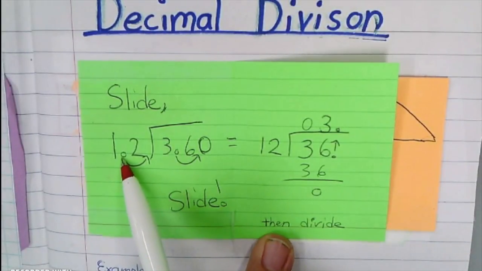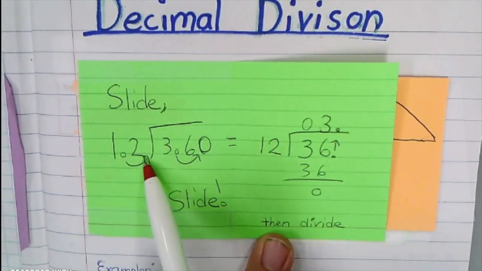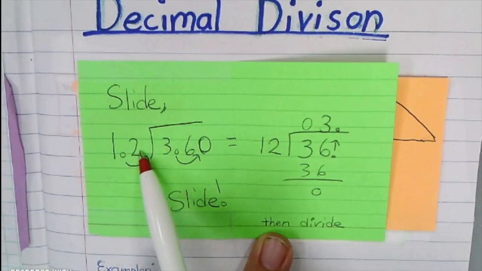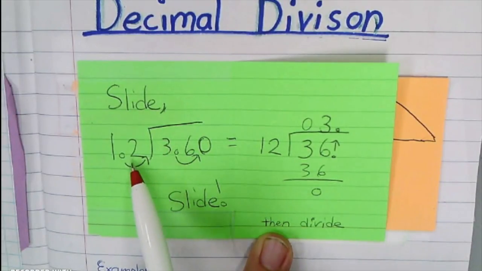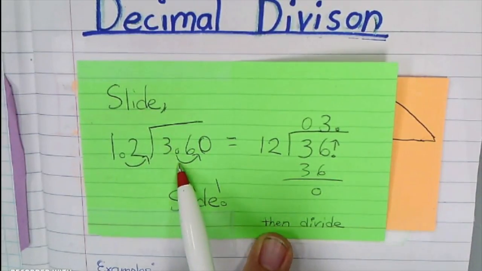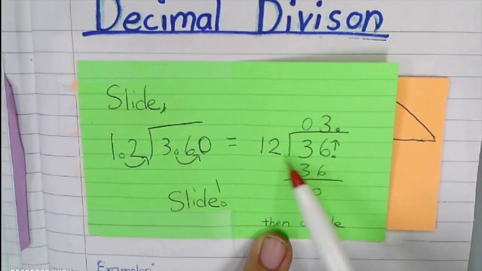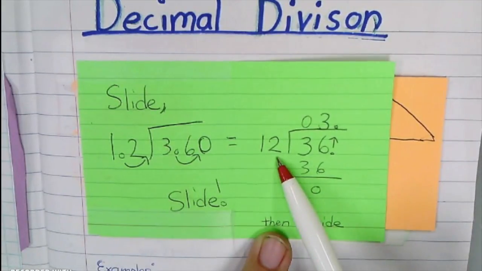So I'm going to slide this decimal over to the right to where this number's not a decimal anymore. I'm going to go from 1.2 to 12. Whatever I do out here, I have to do inside as well. So I'll slide the 3.6 over and make that 36. If I rewrite it, it says 36 divided by 12.